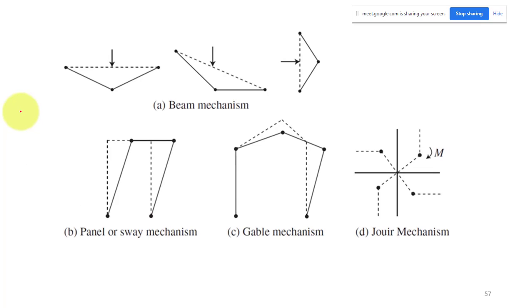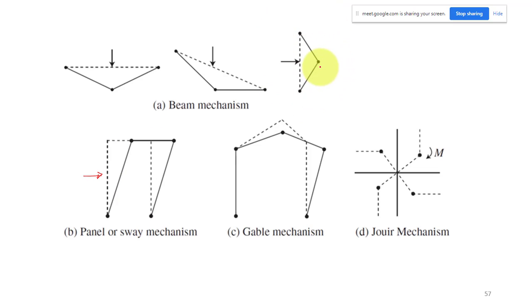Beam mechanism indicates we will take the individual span of your structure separately. If you have a continuous beam, a 3-span continuous beam, there can be 3 beam mechanisms. If you have a one-story frame like this, and suppose we have some load on the beam, I can take this span separately, and we can check for the beam mechanism here also.